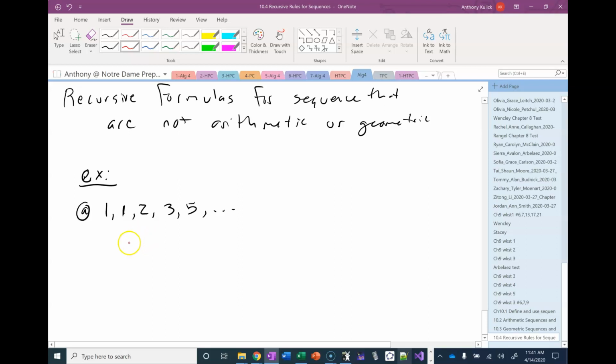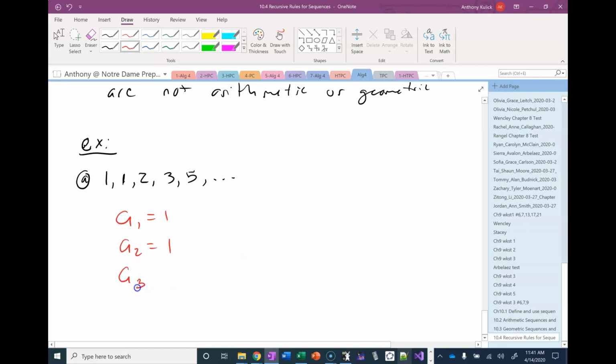That's your hint. So if we look at this, the first term is 1, the second term is 1, the third term is 2. Does anybody notice a relationship between the third term and the previous two terms?